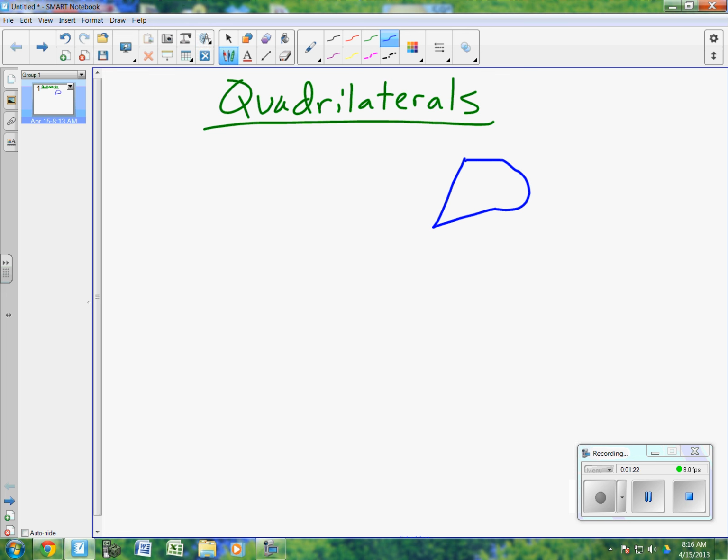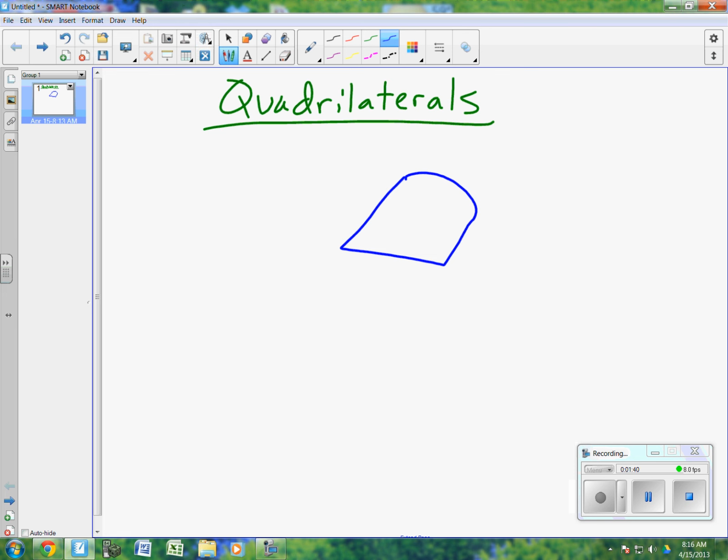Oh, that is five sides. I can fix that. All right. Okay. A quadrilateral with four straight sides.